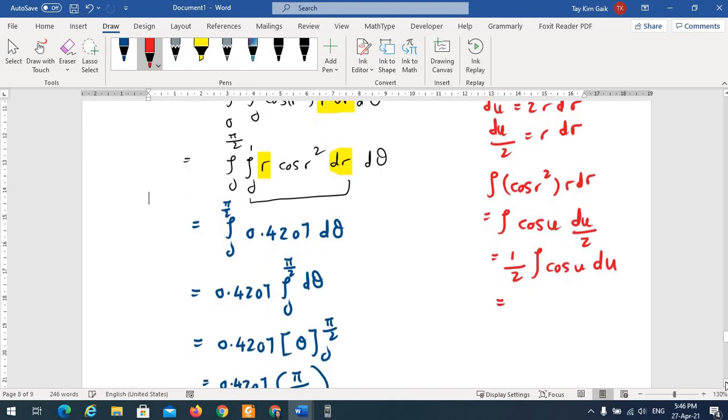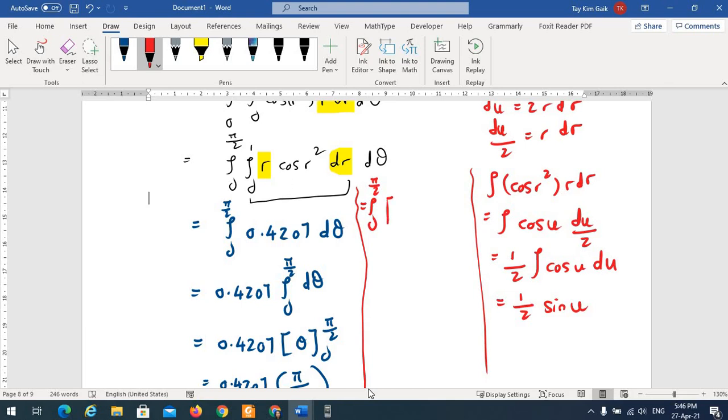So integrate cos is sin u. Where the u is actually r squared. So for cos r squared r dr, its answer is half sin r squared, where r goes from 0 to 1. Then lastly, integrate with respect to theta.